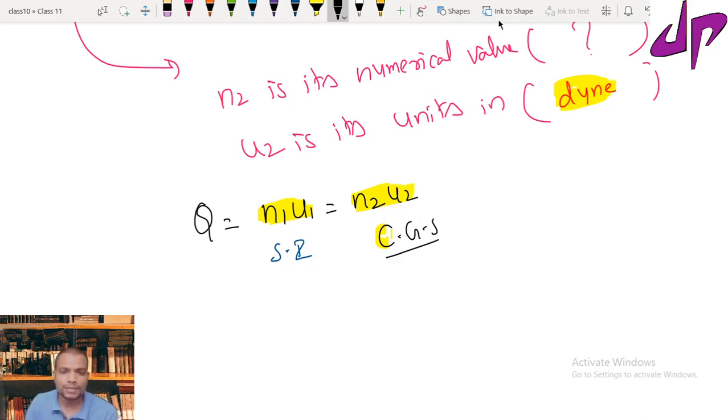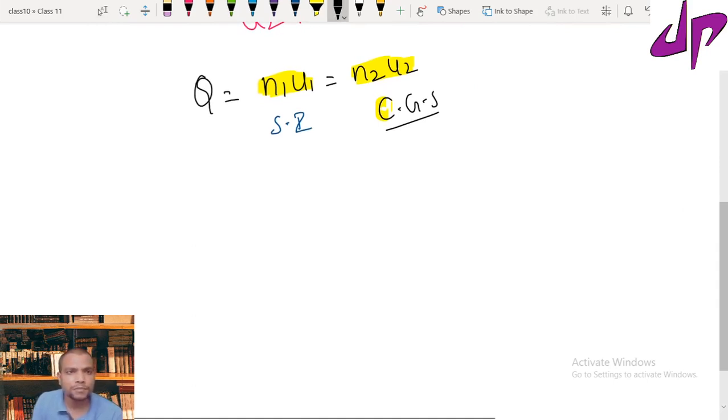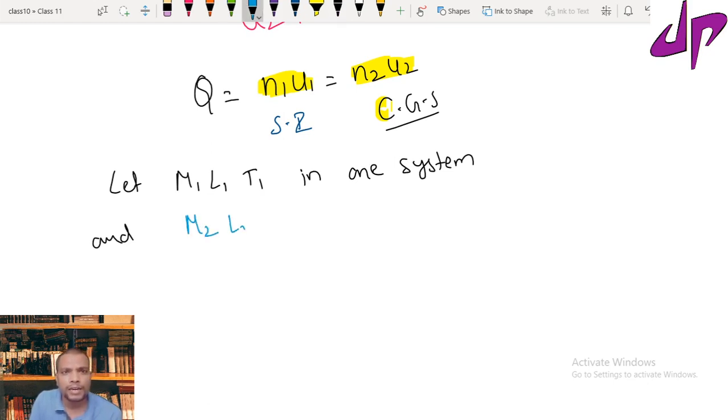So how can we solve this? Let M1, L1, T1 be the fundamental units of mass, length, and time in one system, and M2, L2, and T2 be the fundamental units in another system.